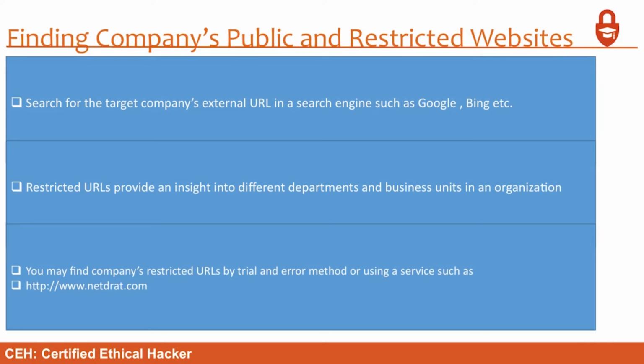So netcraft is your first tool that they're mentioning here, besides archive.org, and that's one that you'll see on the test. You'll have to say what kind of tool netcraft is. It's used for finding companies' restricted URLs. So it's a website crawler, right? It's a footprinting tool. So here's a search engine result for Microsoft using netcraft.